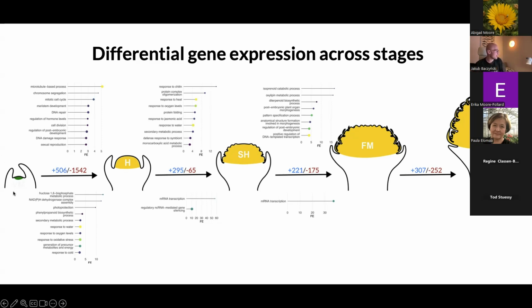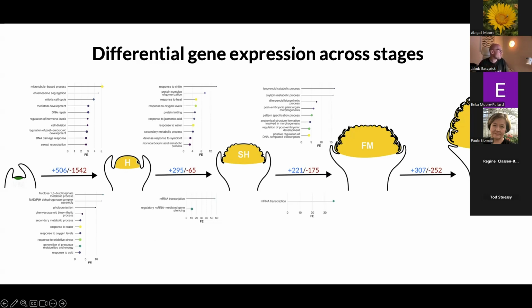But also in case of Pycnosaurus globosus, we can see upregulation of genes enriched in functional terms related to mitotic cell cycle, meristem development, cell division, and also sexual reproduction, of course, because we are transitioning to a reproductive stage of development, which is pretty interesting because it confirms that there is something going on with this initial expansion of this primary head meristem, which also suggests its similarity to individual capitulum.